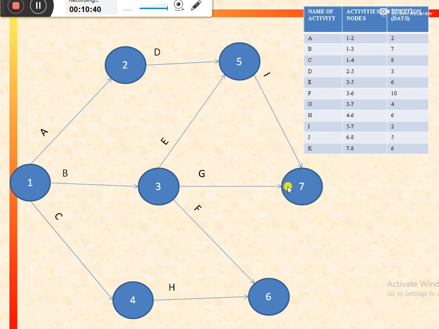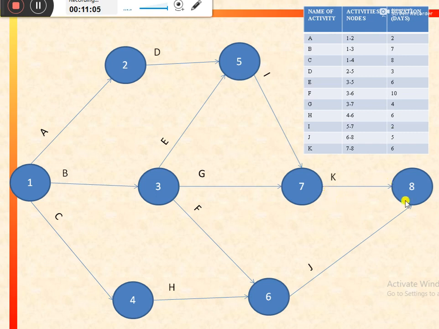So in this way, we can draw the activity I. Further, the activity J, that is between node 6 and node 8, that is the terminating node of the network. Activity J, that is between nodes 6 and 8. And in last, the activity K is between nodes 7 and 8.